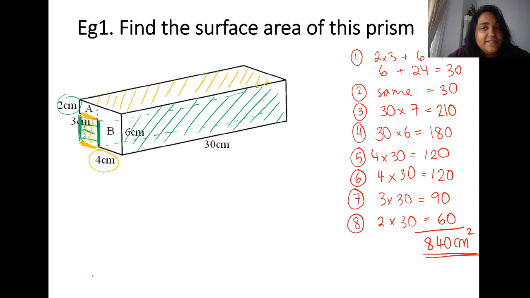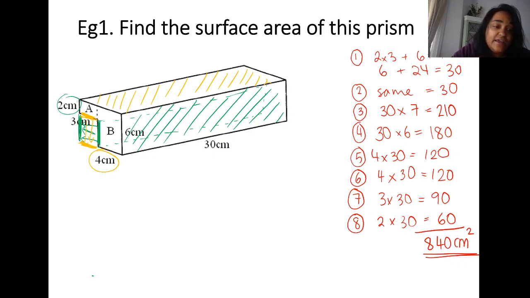It's not quite easy to see or explain, quite difficult to do on a video without some jazzy diagram, but essentially if you think about the faces when you join them up, they create the same as this top one and the side green one.